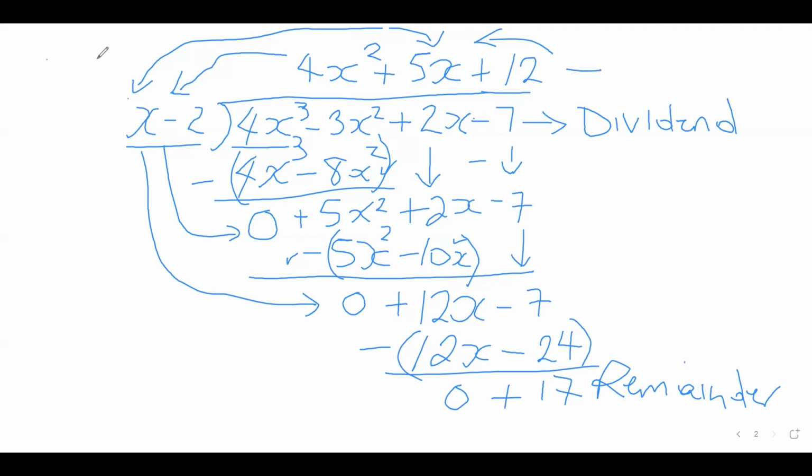And we know this is our quotient, the full quotient. So the quotient will be 4x squared plus 5x plus 12. And we know that this will be our divisor.